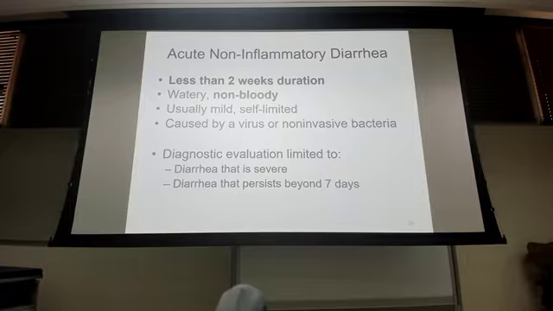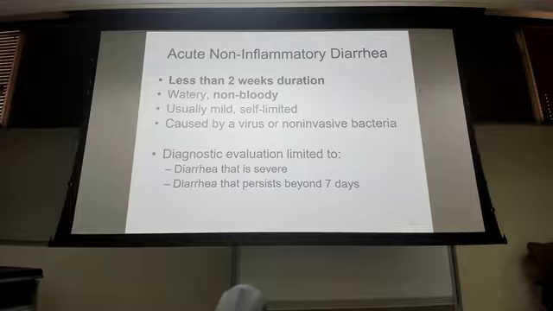Acute non-inflammatory, less than 2 weeks, watery, non-bloody. Usually mild, self-limited. Cause usually virus or non-invasive bacteria. Don't usually work it up unless it's really severe and we're now going past that 7-day mark. We start getting past a week, start working it up.